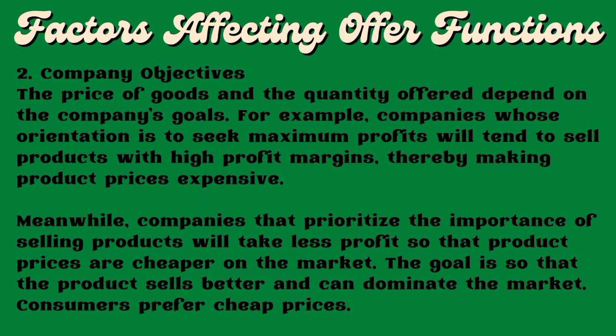The second factor is company objectives. The price of goods and the quantity offered depends on the company's goals. For example, companies whose orientation is to seek maximum profits will tend to sell products with high profit margins, thereby making product prices expensive.